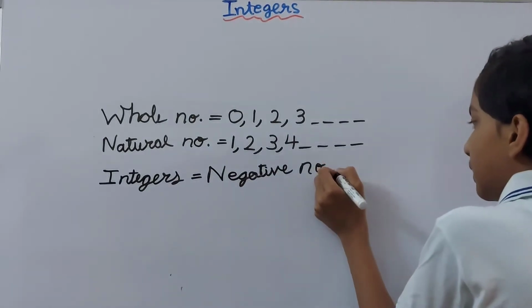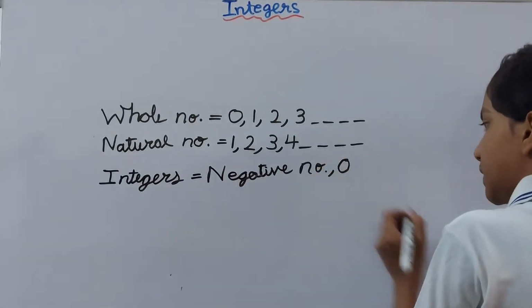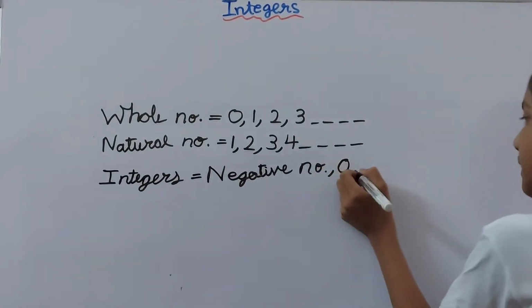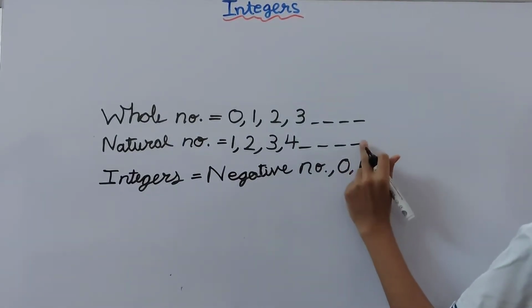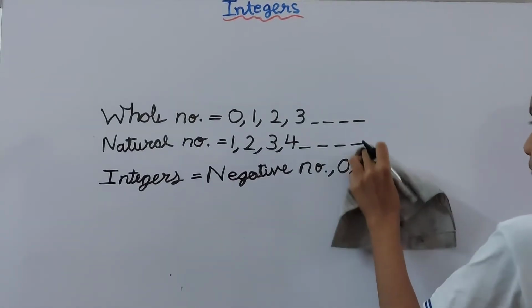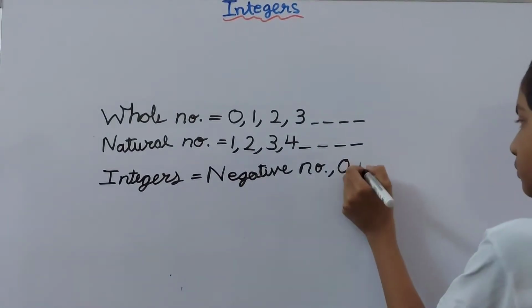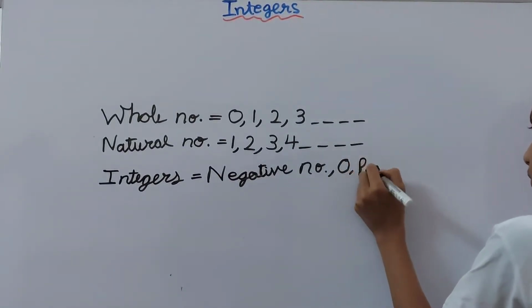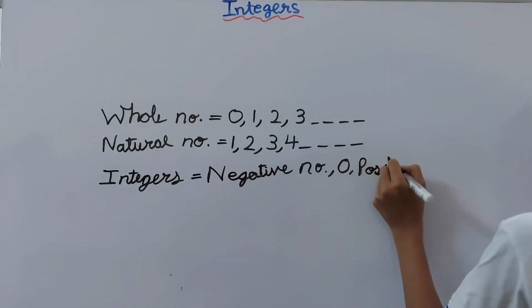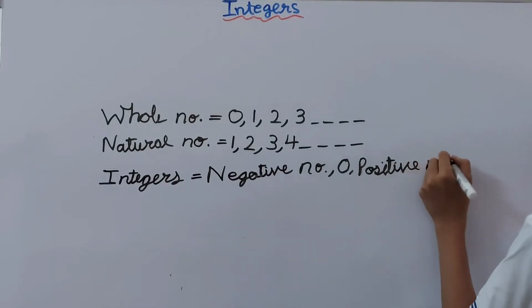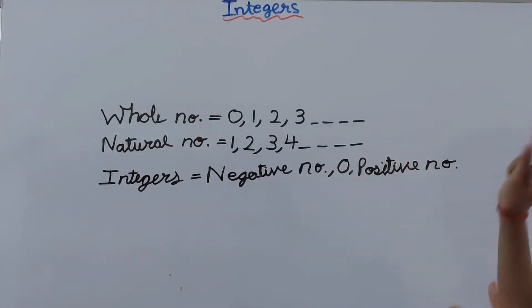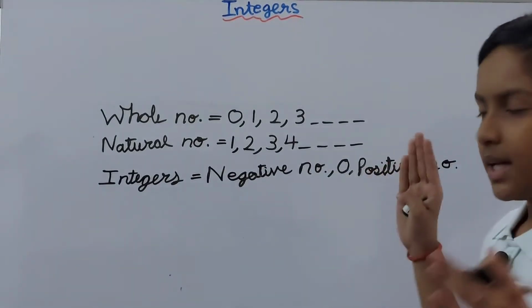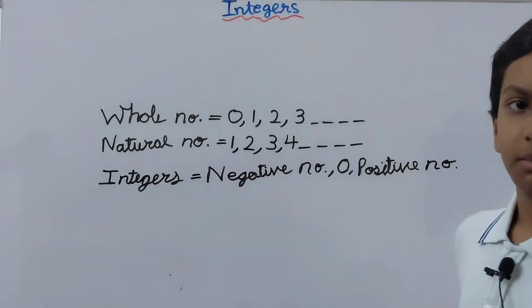So the next number which joins integers is 0, and the last type is positive numbers. So these three are the types of numbers: negative numbers, 0 and positive numbers.